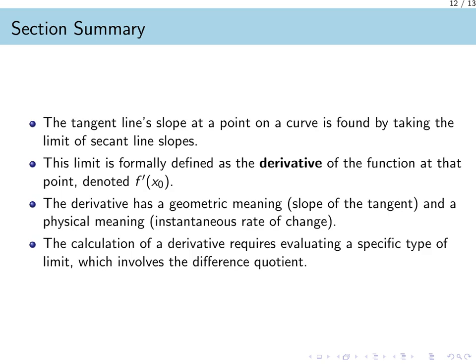This specific limit, calculated using the difference quotient, is precisely what we define as the derivative, which we denote as f prime of x0. This gives the derivative a clear geometric meaning as the slope of the tangent, but it also has a physical meaning as the instantaneous rate of change, such as an object's velocity at a single moment. All of these different perspectives, slope, rate of change, and the derivative, refer to the very same fundamental limit.